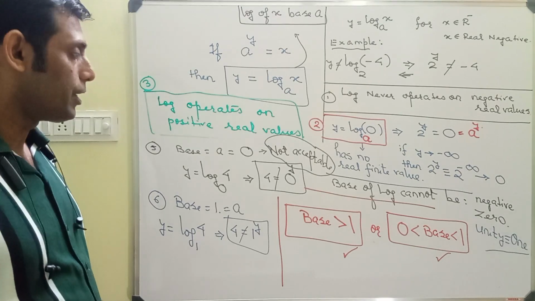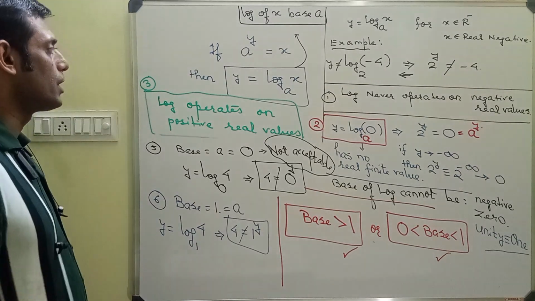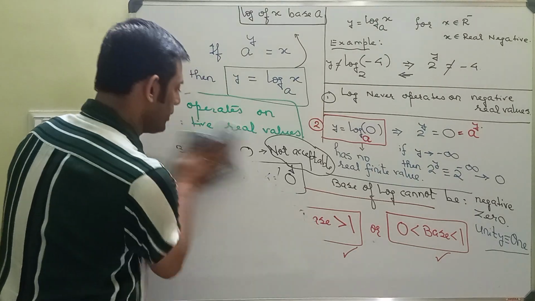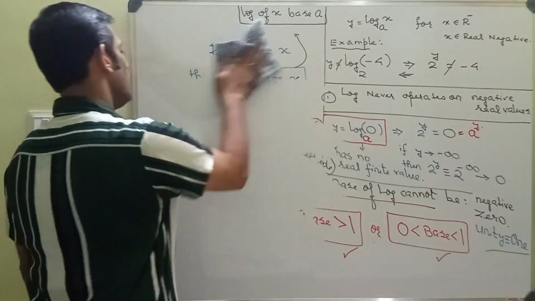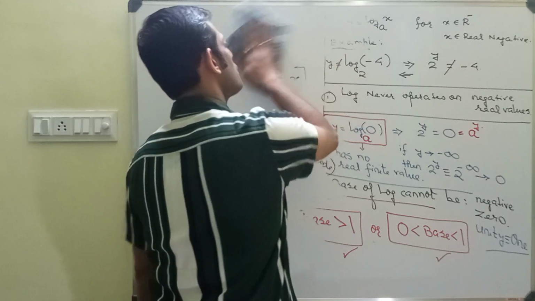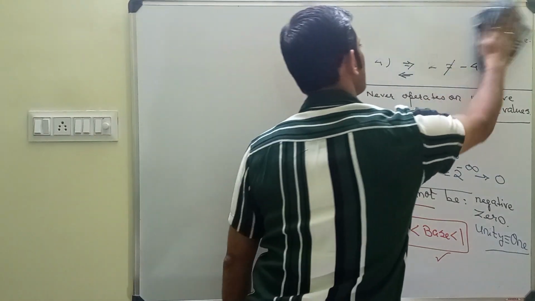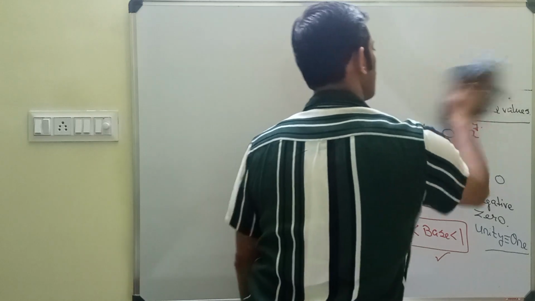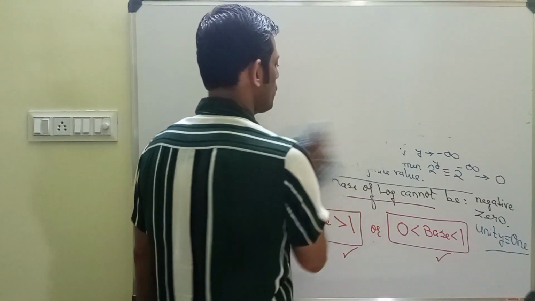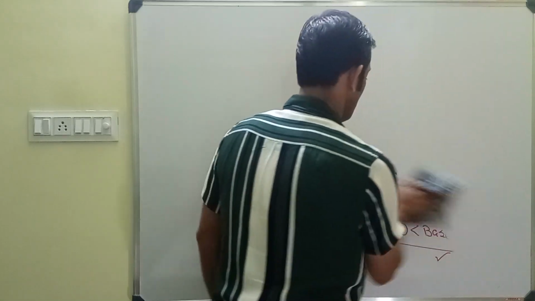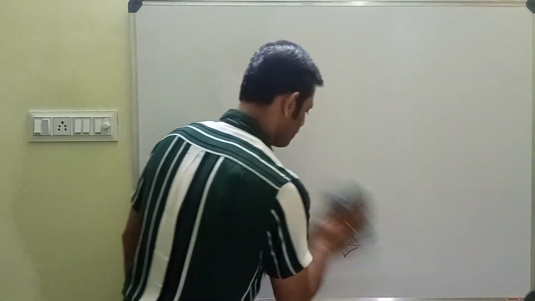Let's go ahead. Let's operate some things and then see furthermore as to what log does with different types of bases. Let's say for the base value between 0 to 1, let us select a very convenient base value, say for example half. And when you talk about base greater than 1, let's take a convenient value, let's say base equal to 2.